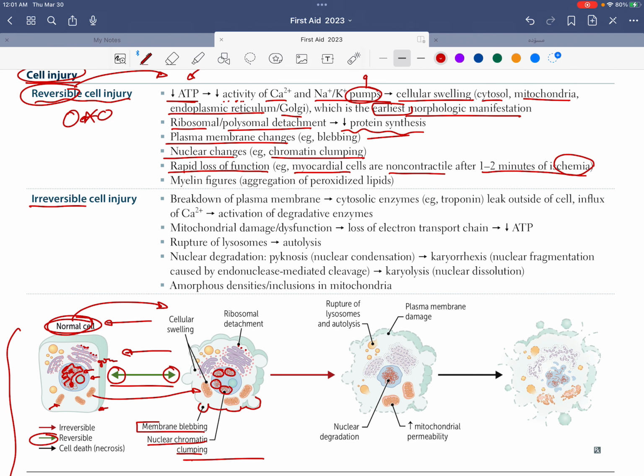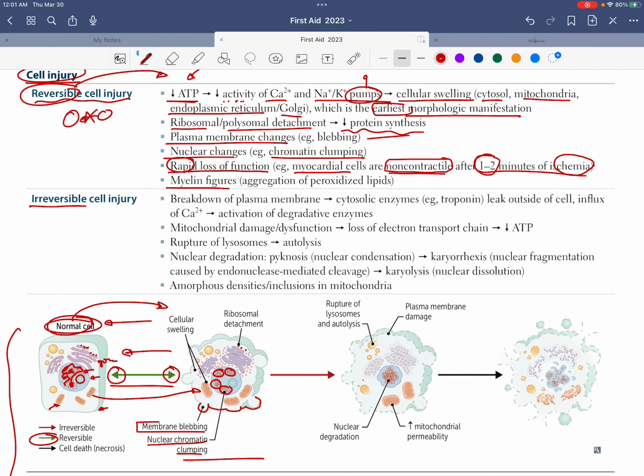So if a myocardial cell gets ischemia, that's reduced blood supply to that cell. Within 1 to 2 minutes of that loss of oxygen supply, it will be non-contractile, so it does not contract. That's why it's rapid.